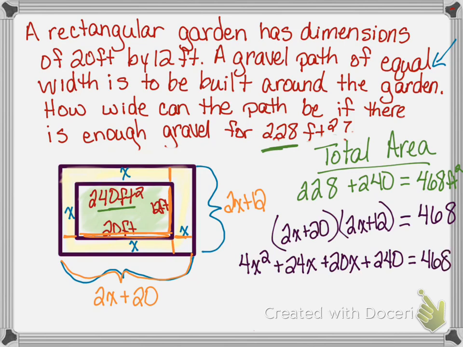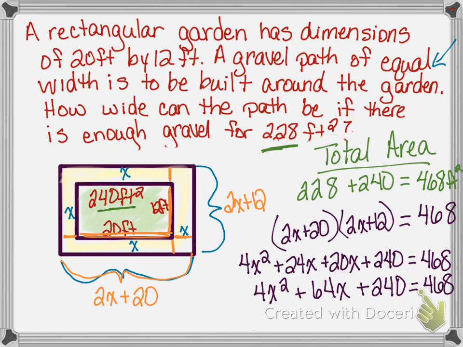Okay, when you FOILed it, did you get 4x squared plus 64x plus 240? Did you get that? Okay, and that is equal to our 468.